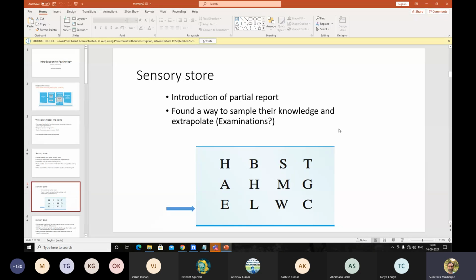Anybody who was saying columns? Why, how one or two columns? I think we will be able to remember columns because we will be able to relate the letters with each other. Like HAE, we can make a word out of it and remember all three letters. Oh, but this is 50 milliseconds, no?